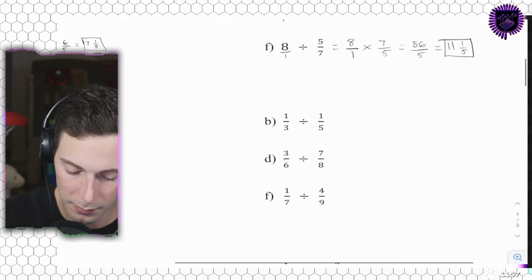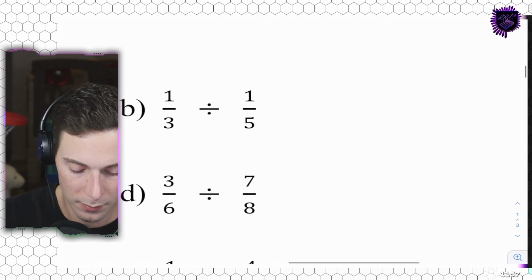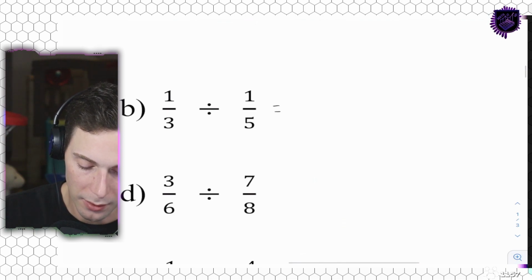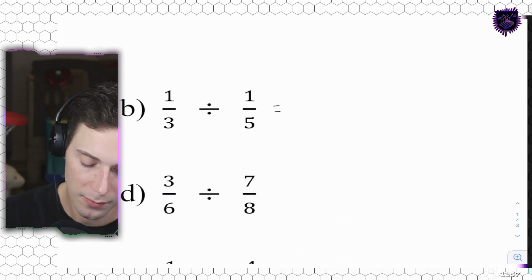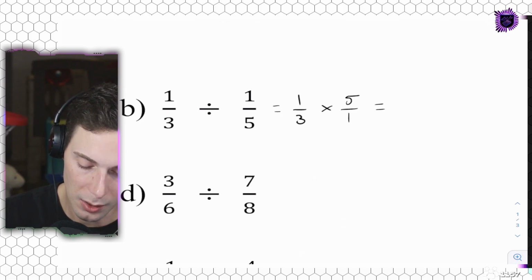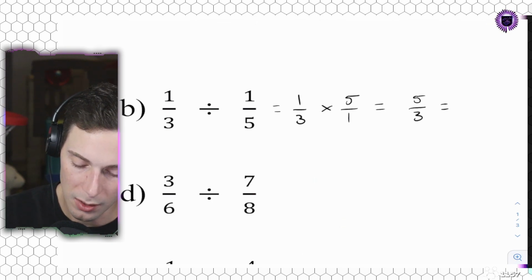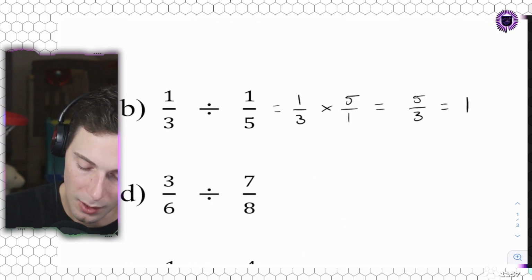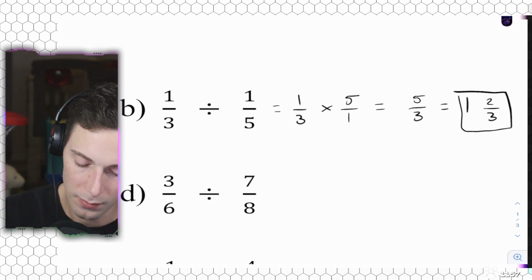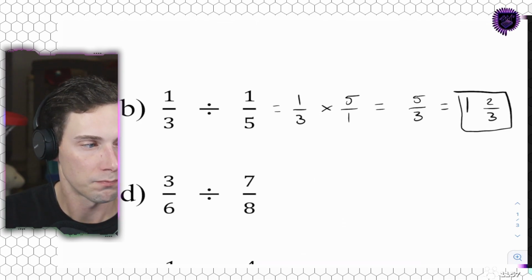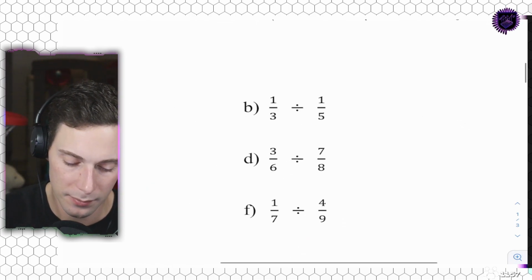3b. Let's rewrite our equation. It will be equivalent to 1/3 multiplied by 5 over 1, which will be equal to 5/3, which will be equal to 1 and 2/3. I hope that makes sense what I did there.